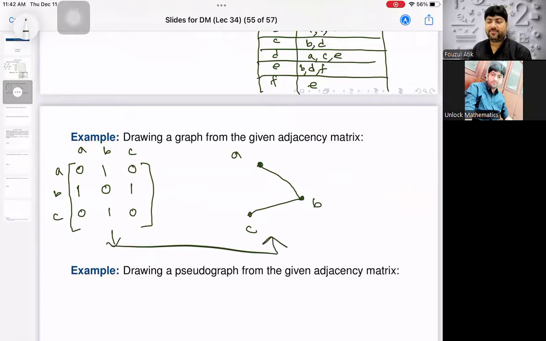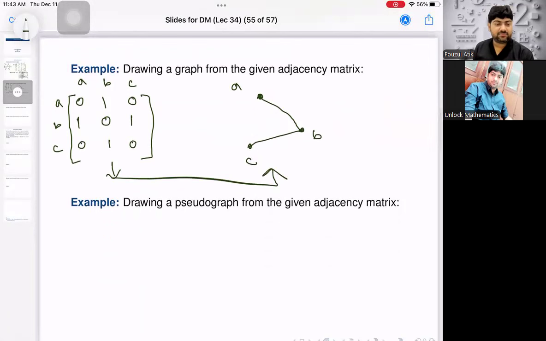Similarly, one can draw a pseudograph from the given adjacency matrix. Pseudograph means it may not be a simple graph, right?